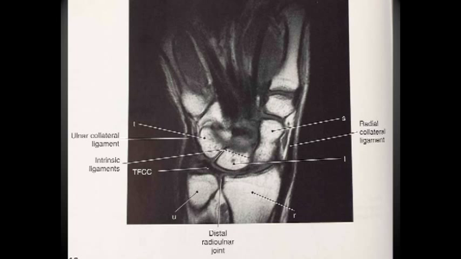Here we have an image of the wrist. So here we have the scaphoid, the lunate, the triquetrum, we have the ulna and the radius, we have the base of the second metacarpal.